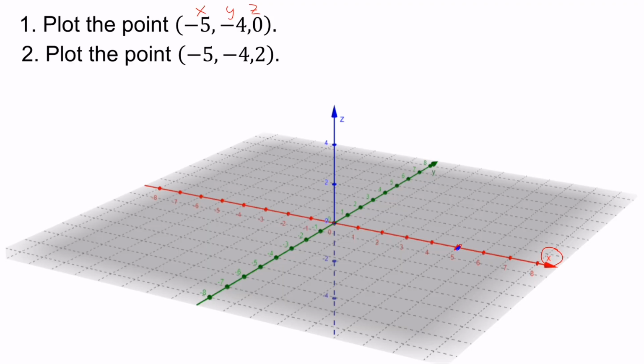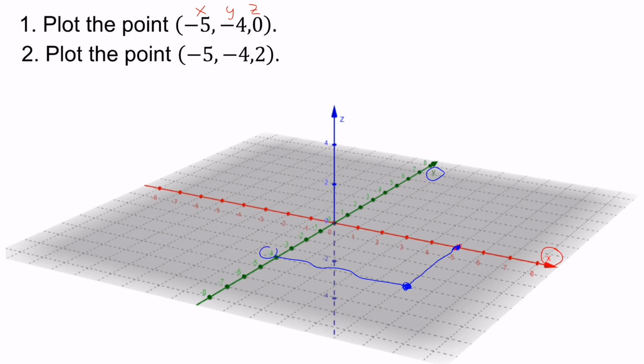Then the y coordinate, this is the y-axis, is negative 4. Negative 4 is here. So I will duplicate a y-axis here from negative 5. And the distance or that line segment is negative 4.